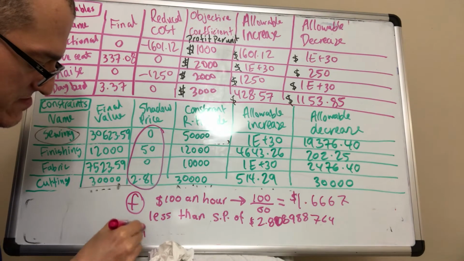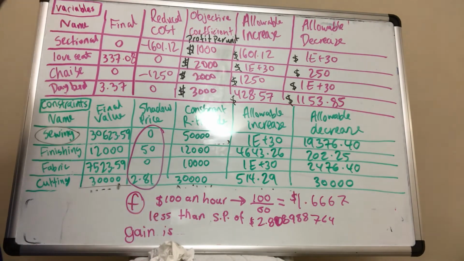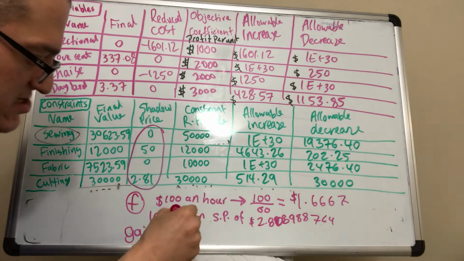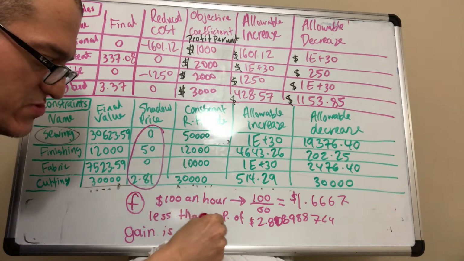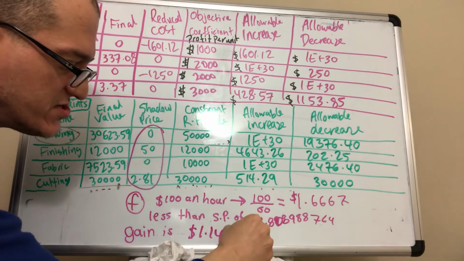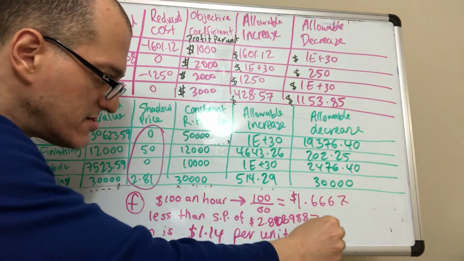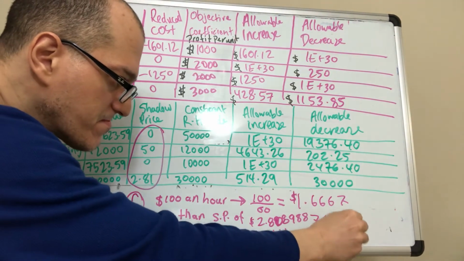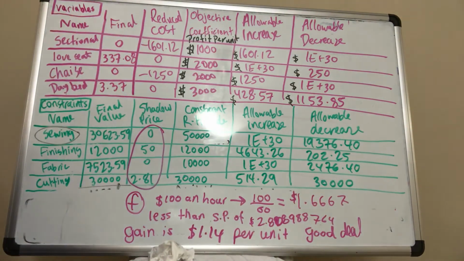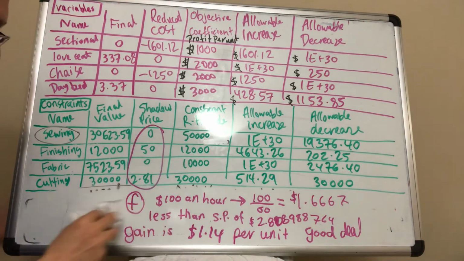So you gain the difference between them. So what's the difference between this number and this number? You're actually going to make about $1.14 per unit. Then good deal. Okay, we go to the next one.